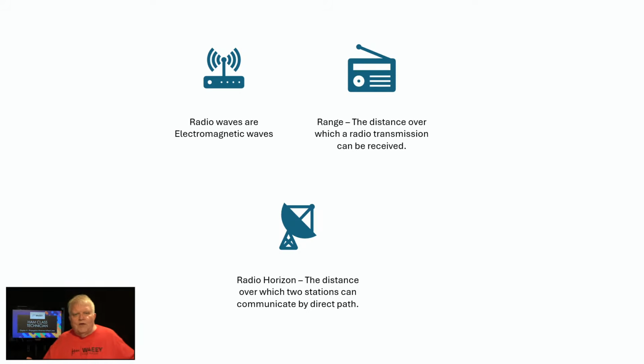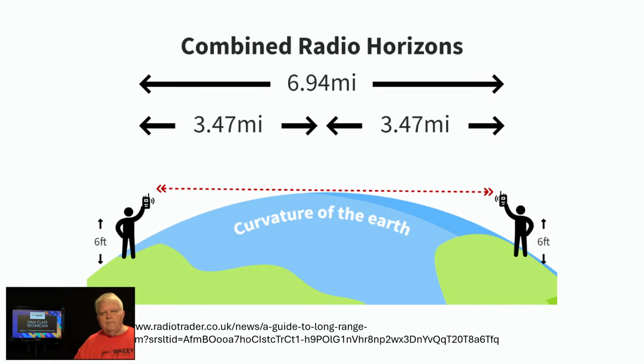And the radio horizon, that's the distance over which 2 stations could communicate by a direct path. So when you get your technician license, your first radio is probably going to be an HT, a handy talkie. Well, how far can that go? So if we look at 6-foot people, let's say, they're holding their radio up high, because of the curvature of the Earth, the radio horizon is going to be out about 3.5 miles. Got another 6-foot person on the other side. He's got, or she's got, 3.47 miles as well.